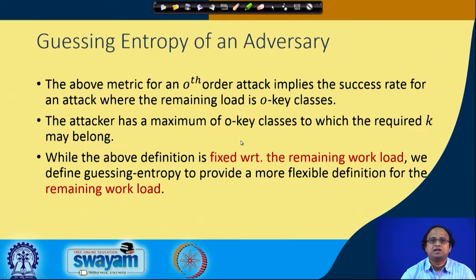So the attack has a maximum of O key classes to which the required k can belong. While the above definition is fixed with respect to the remaining workload, which is defined by O, we define guessing entropy to provide a more flexible definition, to measure how the remaining workload diminishes with the evolution of more observations.